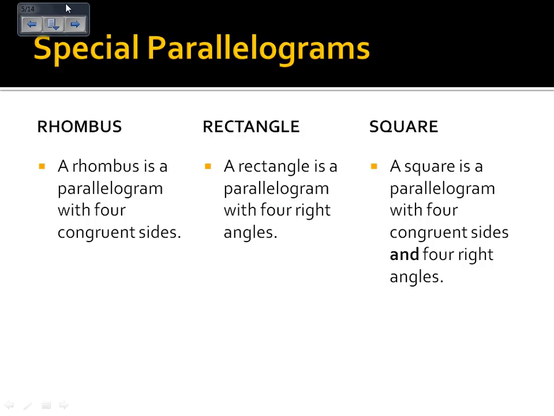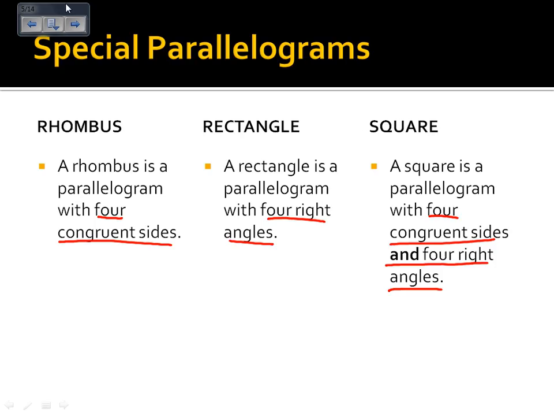The three we're going to cover today, you can please write those down. The rhombus, the rectangle, and the square. These are their definitions, and these are the key points. I know that you guys have obviously already seen a rhombus or a square and rectangle. Many of you have probably seen a rhombus before.